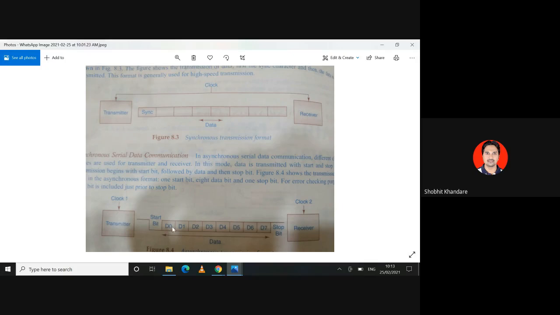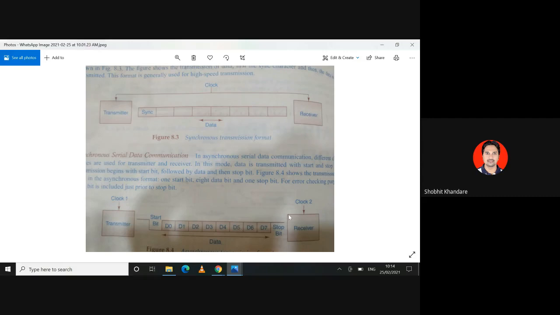If I am transmitting my 8 bits, D0, D1, D2, D3, D4, D5, D6, and D7, along with this I have to send my start bit and the stop bit. So that if the transmitter, along with the 8 bits, is transmitting the start bit and a stop bit, the receiver will come to know that whatever is in between the start and stop bit is data.